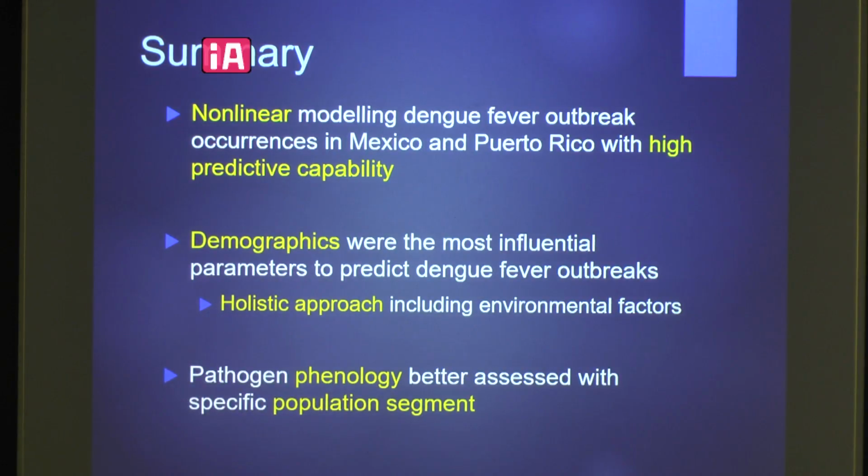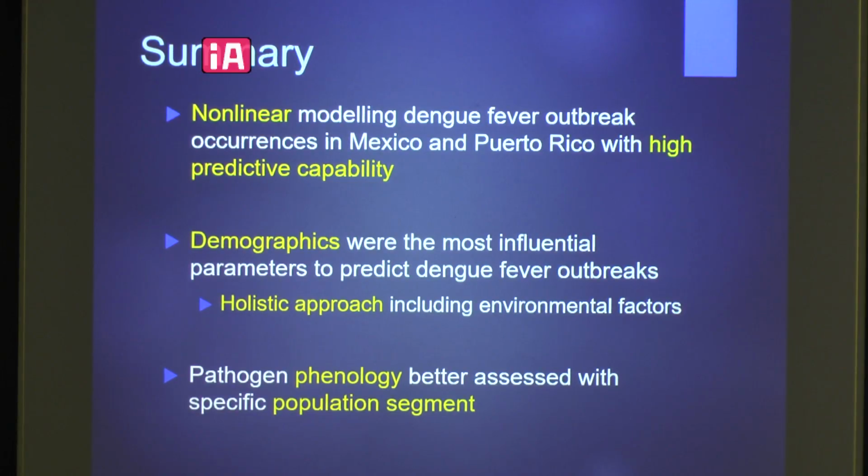And lastly, that the pathogen phenology, and by phenology what I mean is how the pathogens behave throughout the year based on the climate or the ecology of the pathogen itself, is better assessed with specific population segments. And in this case, I'm referring to younger than 24 and younger than 5 and older than 65. However, we do still have that overlap between younger than 24 and younger than 5.